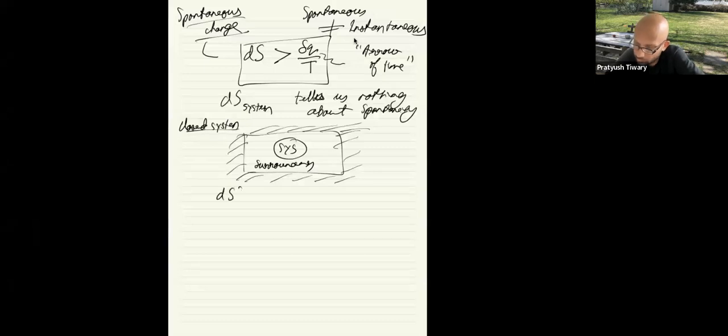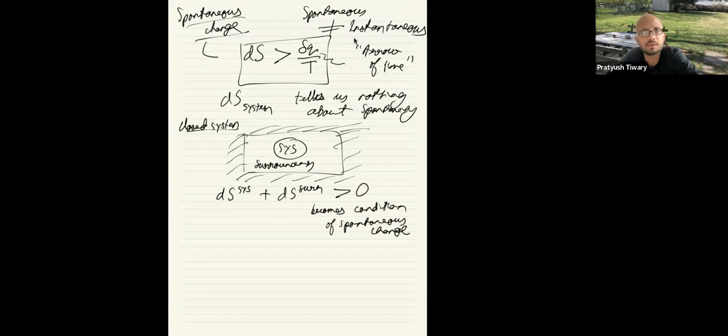In this case, dS system plus dS surroundings more than zero becomes the condition of spontaneous change. So in this case, we don't have to talk about delta Q system because it's an isolated system, right? So there is no need to worry about delta Q.